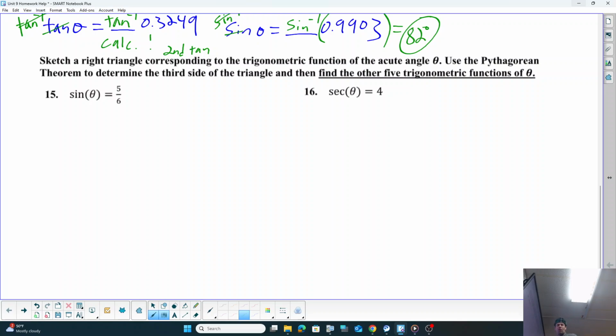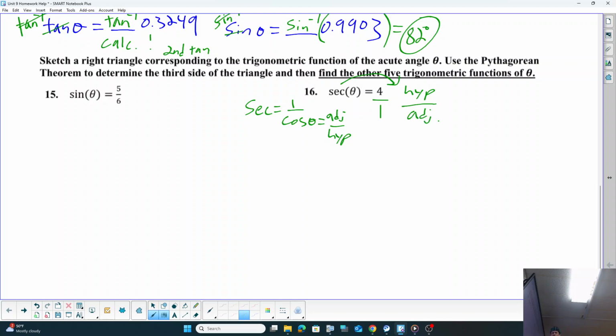So first we've got to figure out what secant is and draw our triangle. Secant is the same as 1 over cosine. Any whole number can be written over the number 1. Cosine is equal to adjacent over hypotenuse. So secant will be hypotenuse over adjacent.